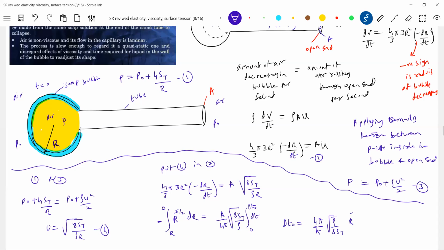R to the power of 7 by 2 by 7 by 2. Can we write it? Final expression, 8 pi. Anybody, final equation? Okay, this 2 will be there, no?